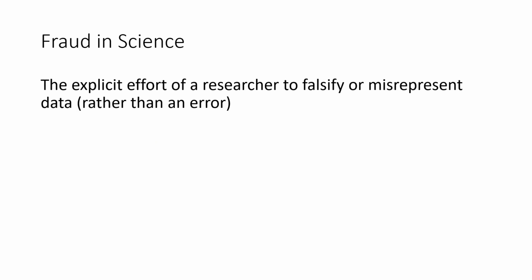Fraud in science is the explicit effort of a researcher to falsify or misrepresent data, rather than just committing an error. This is a case where a researcher is actively lying or deceiving with their results. You hear about this every few years.